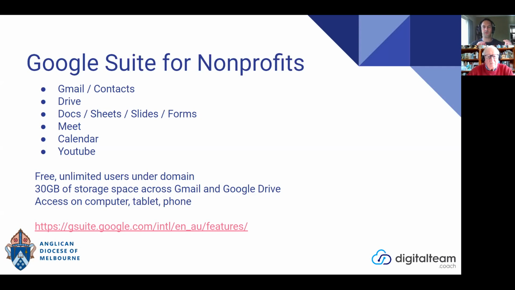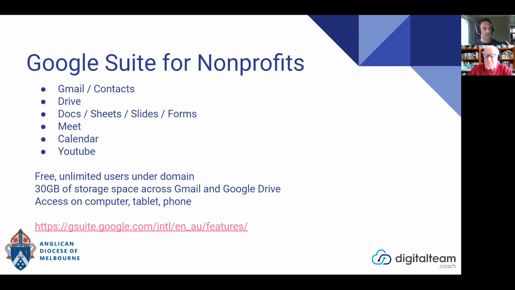Google Slides is the equivalent of Microsoft PowerPoint. And Google Forms are simple forms you can create, which integrate into a sheet. So you can make forms publicly available for people to fill out, and then all the data comes through into a sheet. Google Meet is Google's version of Zoom or Microsoft Teams, so you can have video conversations with your team. Google Calendar, YouTube.